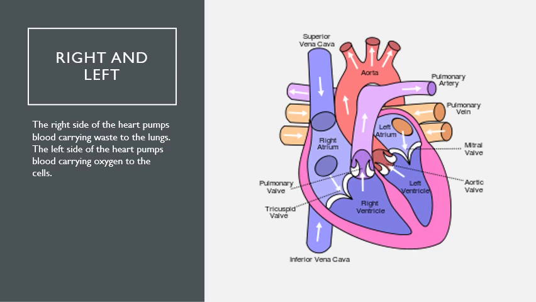Left and right are kind of hard to figure out in the heart, because if I were to talk about my heart, the right ventricle of my heart is actually located on the left side of my body. Right? The reason is that when doctors labeled the parts of the heart, they were looking at a cadaver.